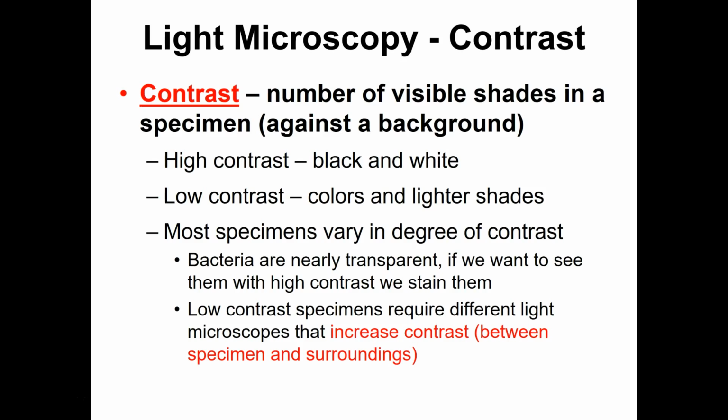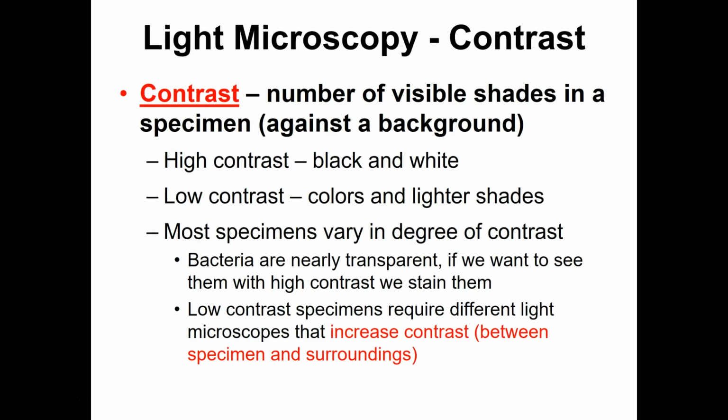If you have a high contrast specimen, that means you have a very dark colored specimen against a very bright background. So imagine you have a black bacteria against a bright white background. That's very easy to see because there's a very severe difference in contrast.